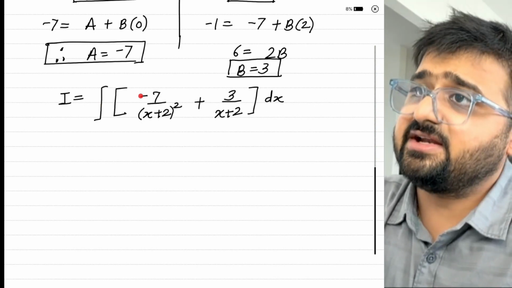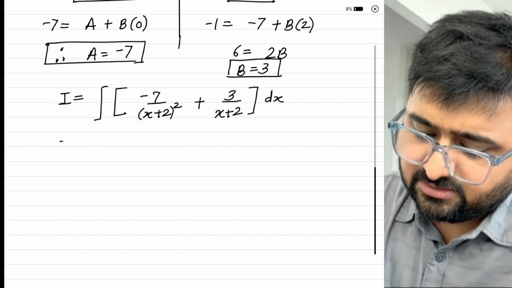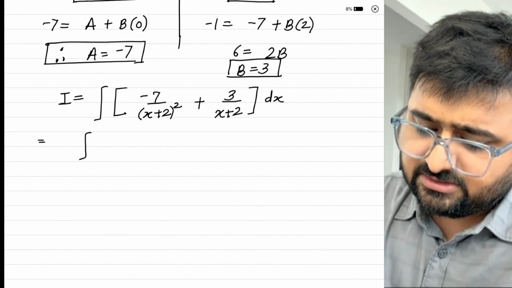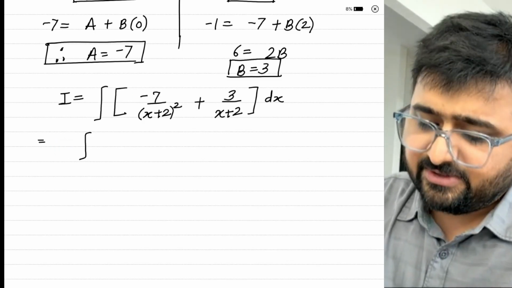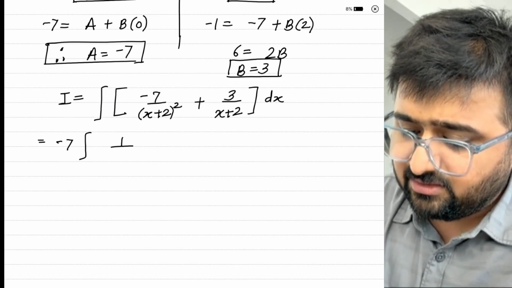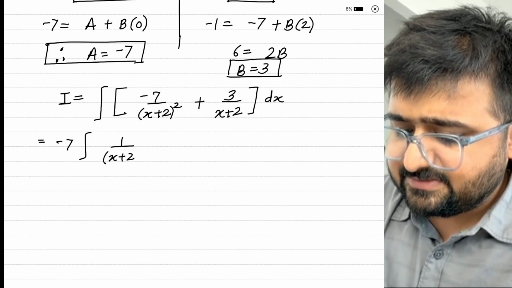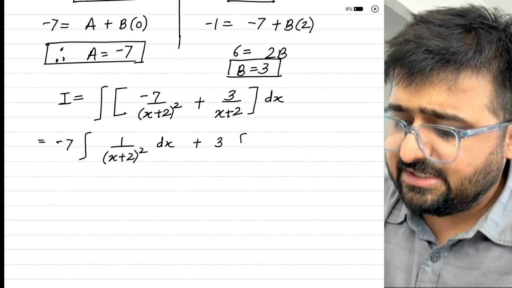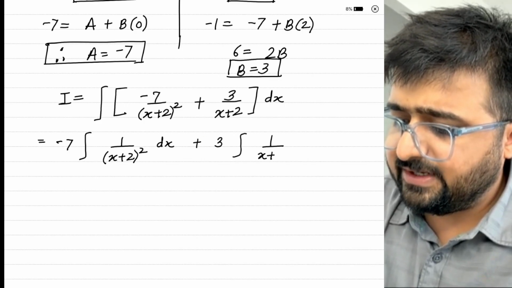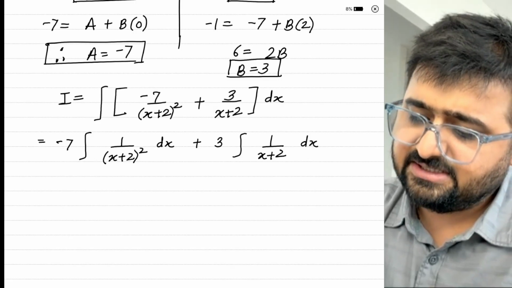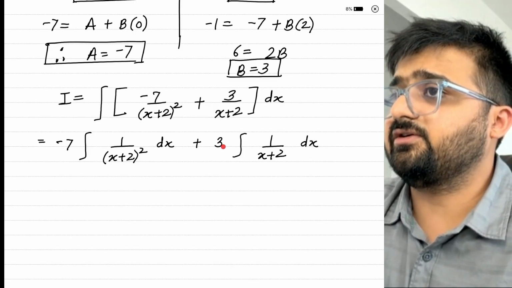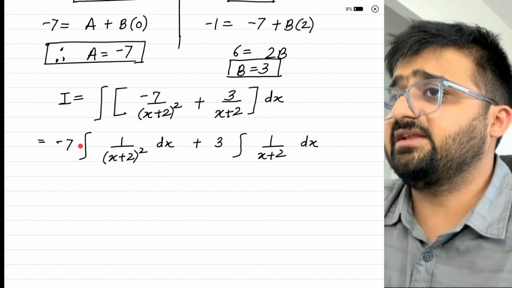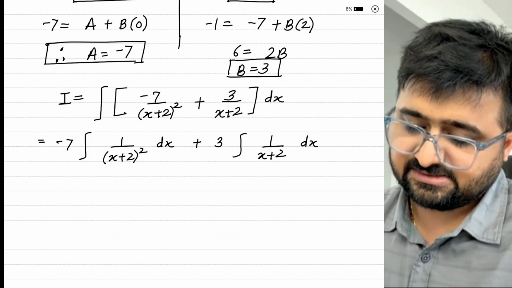You can just give that integral to both of those terms and also take constants out. So the minus 7 constant can be taken out, and you have minus 7 integral of 1 over (x plus 2) the whole square with respect to x plus 3 integral of 1 over (x plus 2) with respect to x. Again, 3 is a constant taken out of the integral.